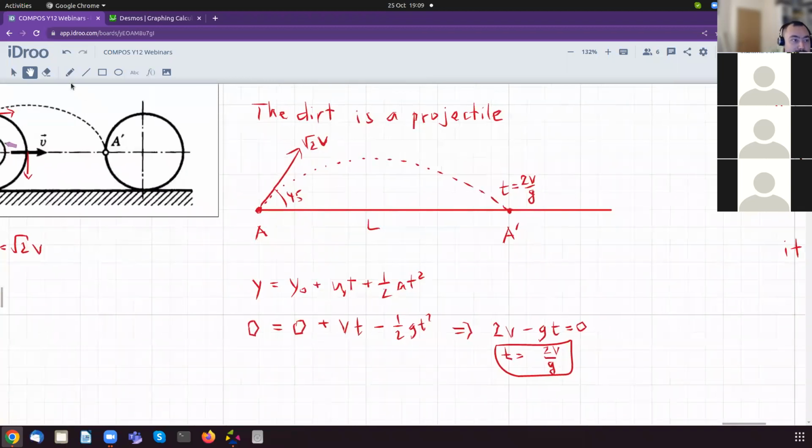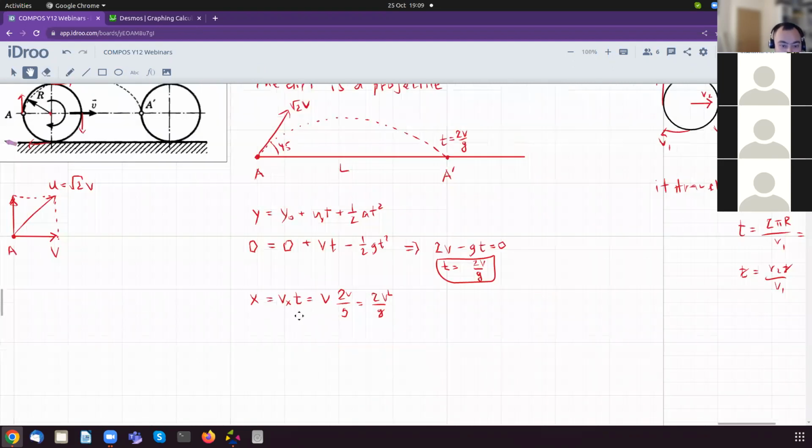Right. The horizontal displacement, x, is equal to vx, the horizontal velocity, times time. The horizontal velocity is also v, and the time is 2v divided by g, so x is 2v squared divided by g.